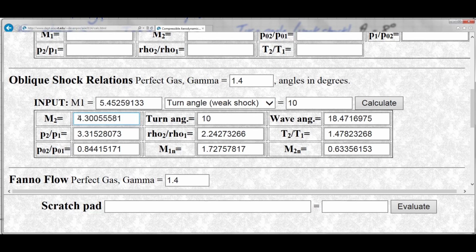This shows us that the Mach number has now dropped down to just above 4.3. The wave angle is about 18.5 degrees, and we've got the static pressure ratio, static density ratio, static temperature ratio, and this ratio of the stagnation pressures across this shock wave. So we can take this information back and use it in our calculations.